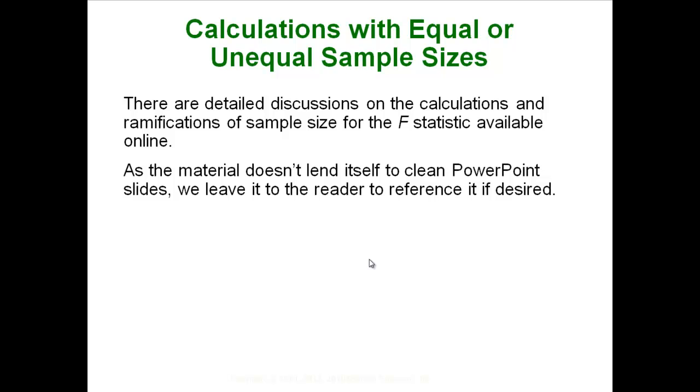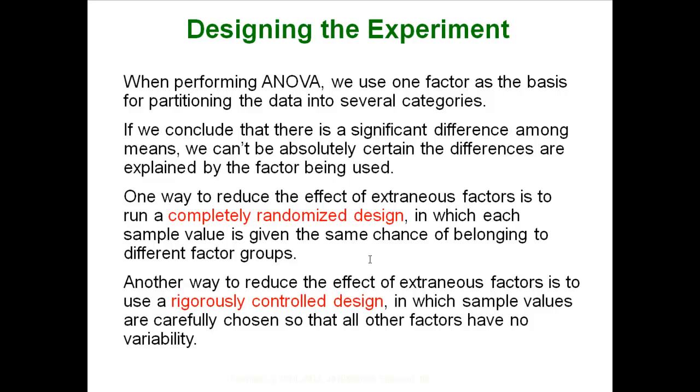Just know that these can get quite complicated. When performing an ANOVA, we have to use one factor as the reason why we're going to partition our data into these several categories. And then if the test comes back and we're able to conclude that there is a significant difference among those means, we don't know where the differences occur.